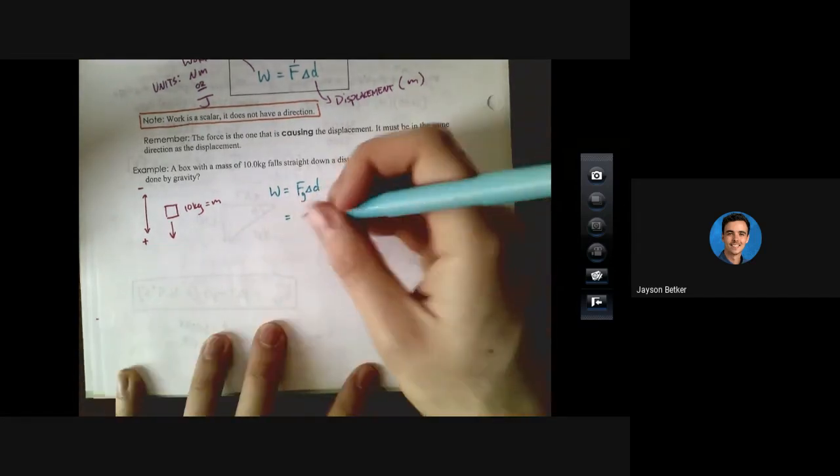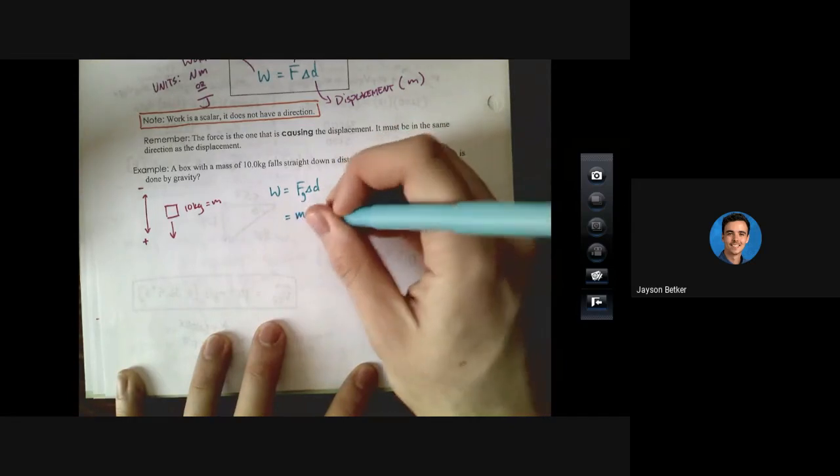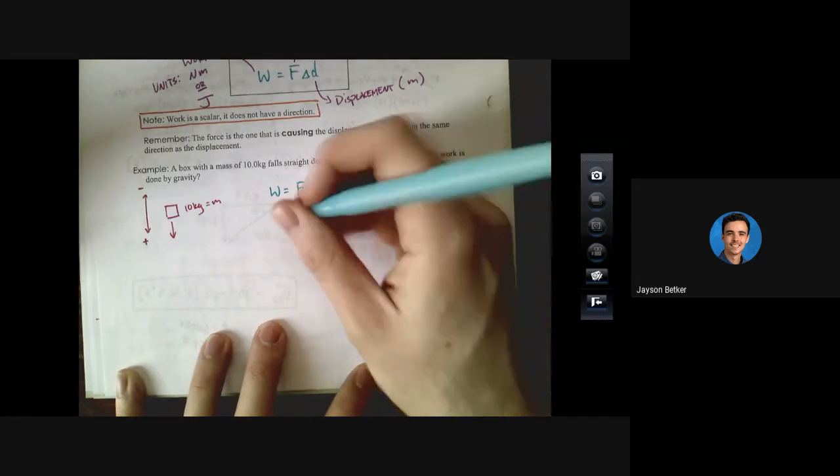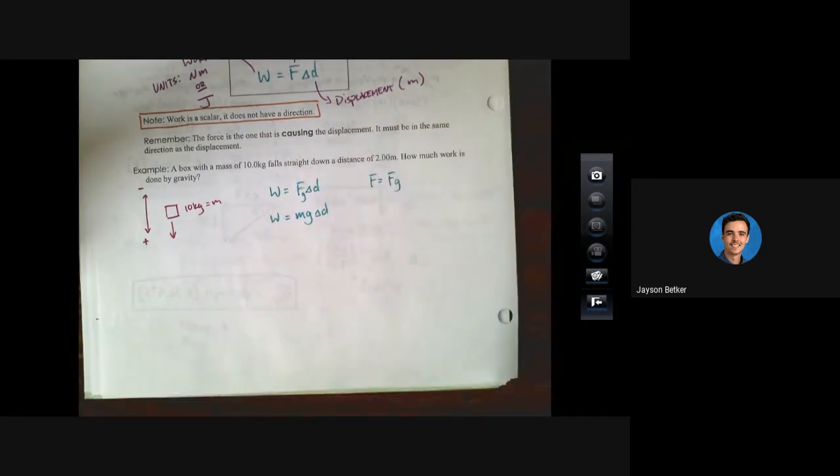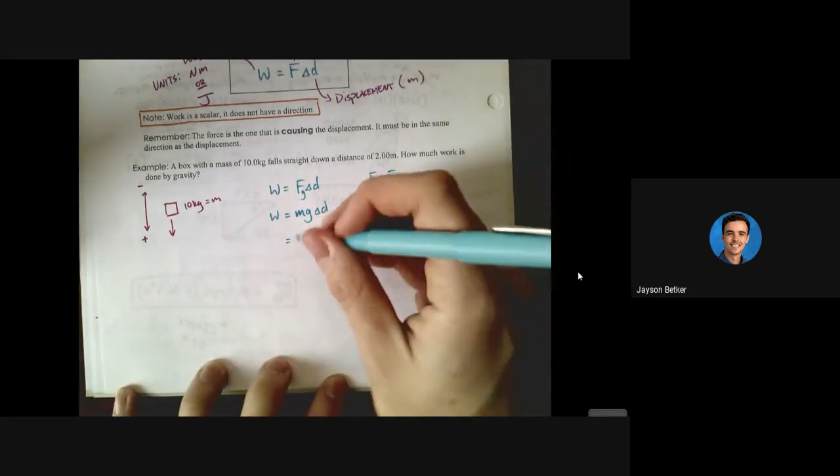Fg has always been equal to mg. So now we have work is equal to mg delta d. Hopefully you guys can see that. Mg delta d.